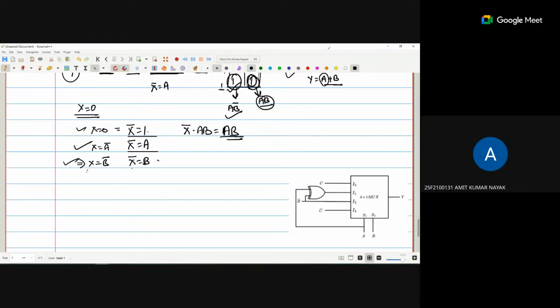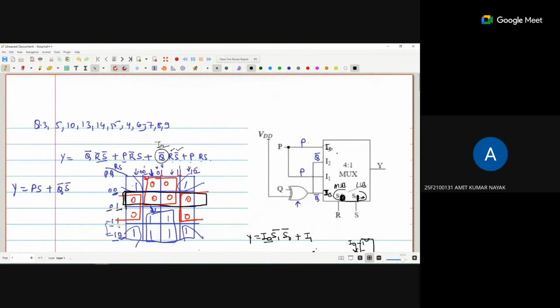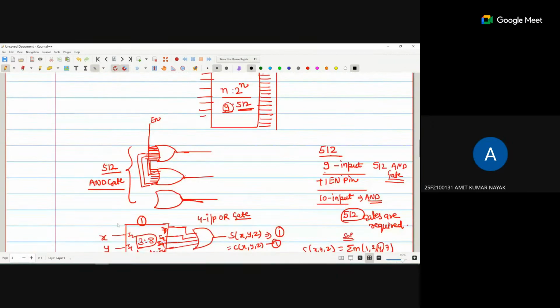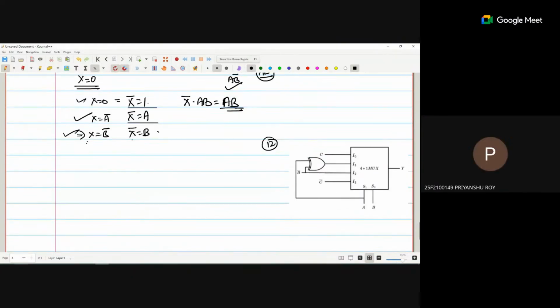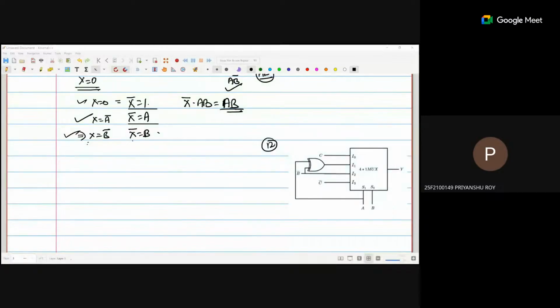Sir, no doubt in question number 12, but if you can discuss question number 13. Yeah, I will discuss that one also. Anyone no doubt in question number 12? No, sir, from my side there is no doubt. Okay, so we directly move to 13.